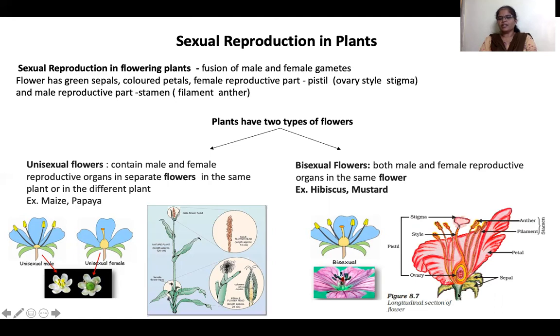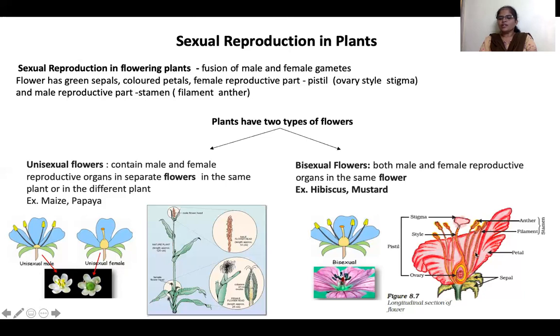This is a pedicel, sepals, and colorful petals. These are called petals, which will be colorful. Color varies from flower to flower, and it has a male reproductive part. This is the male reproductive part called stamen.